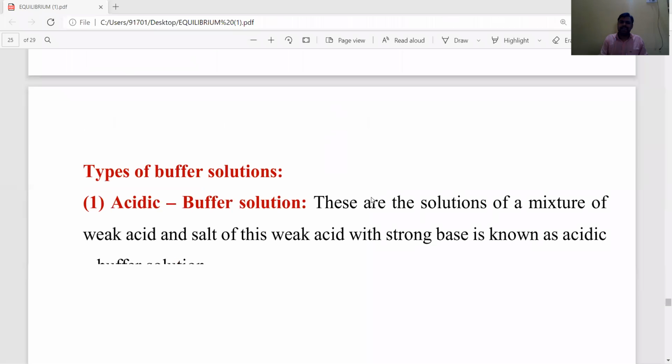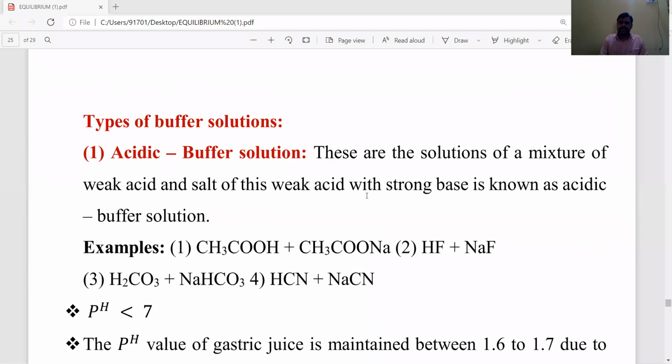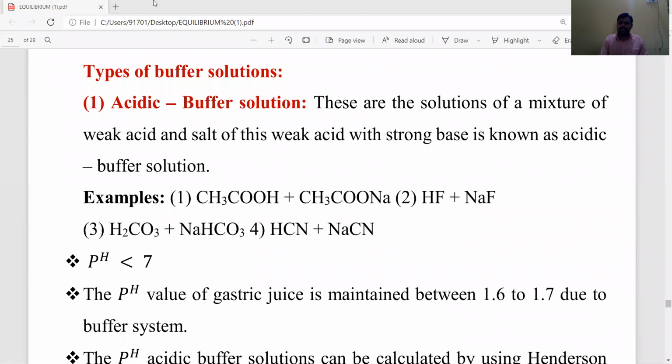Okay, let's see. Now we need to discuss the types of buffer solutions. There are two types of buffer solutions: one is simple buffer solution, the second one is mixed buffer solution. Simple buffer solution means a weak acid and weak base mixture, which is also considered a buffer solution, but it is not that effective, not that much use.